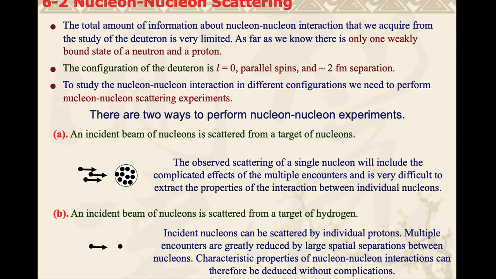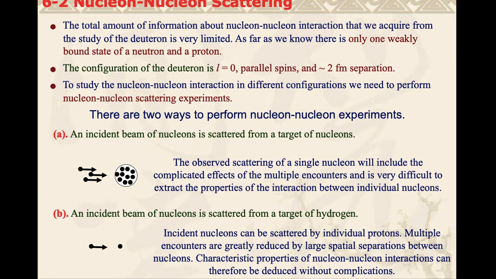And the configuration of deuteron is with L equal to 0 and also parallel spins, that means I is equal to 1, and nearly 2 femtometer separation. We have considered 2.15 as the nuclear range. And to study the nucleon-nucleon interaction in different configurations, we need to perform nucleon-nucleon scattering experiments.